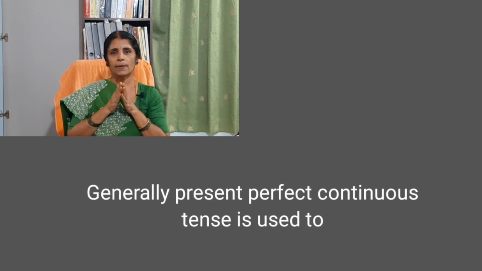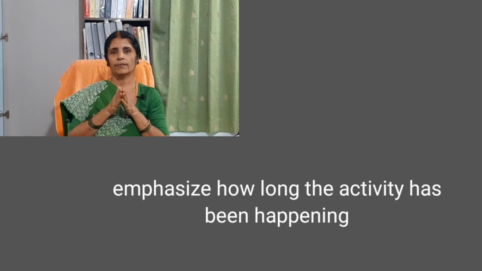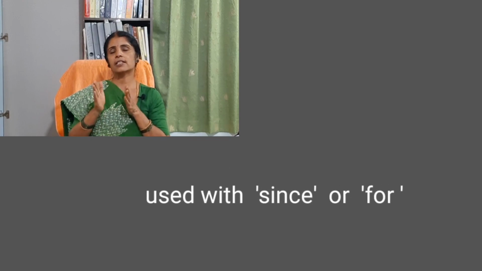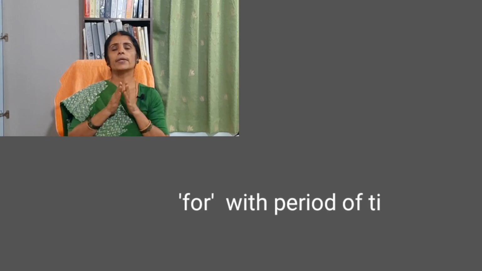Generally, present perfect continuous tense is used to emphasize how long the activity has been happening. In order to emphasize time, present perfect continuous tense is used with since or for. Since is used with point of time, for with period of time.